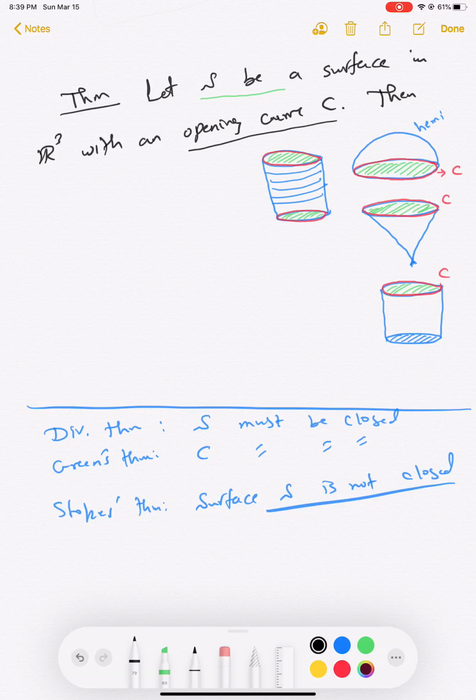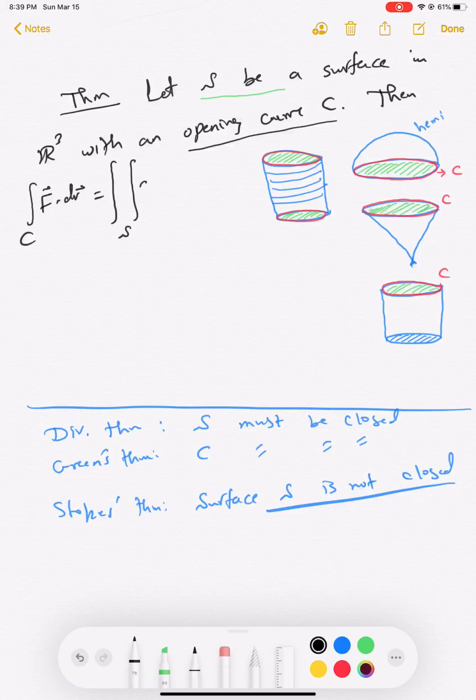Now, Stokes theorem relates the surface integral over this surface with the curve integral over its opening curve. So what is the theorem saying? If you compute the curve integral of the function, and remember, the curve integral is the integral over C of f dot dr, it will be equal to the surface integral of what?